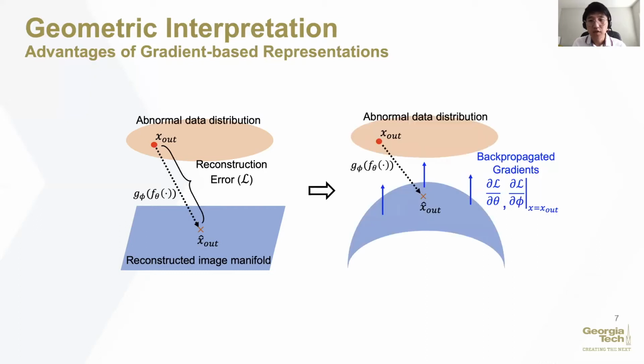When the reconstruction error is backpropagated, the gradients with respect to weights are calculated. These gradients represent required changes in the reconstructed image manifold to incorporate the abnormal image. In other words, these gradients characterize the orthogonal variation of the abnormal data distribution with respect to the reconstructed image manifold.